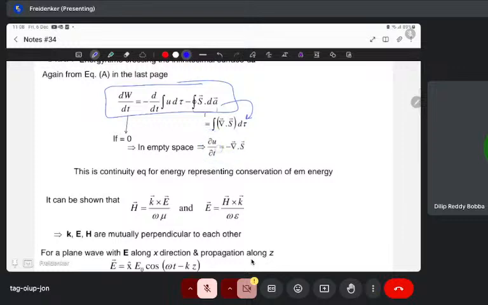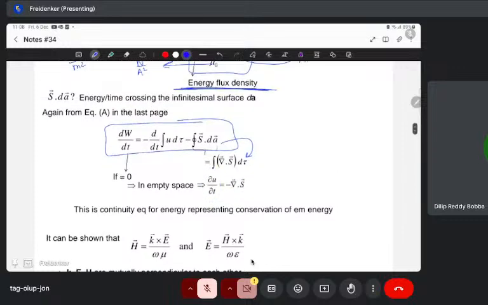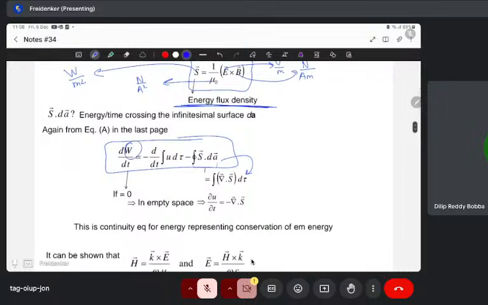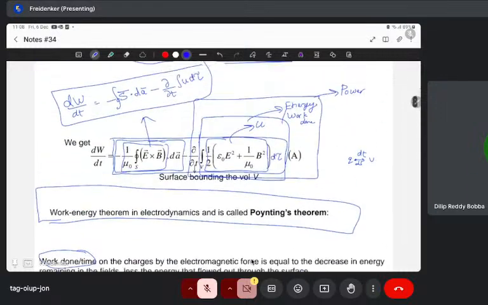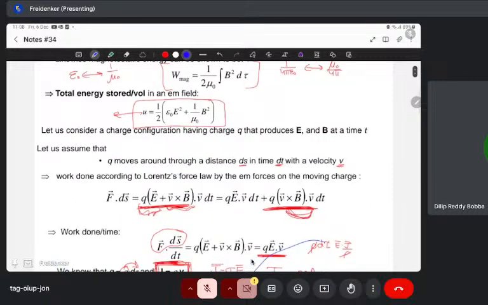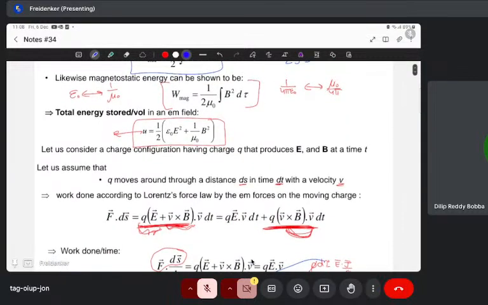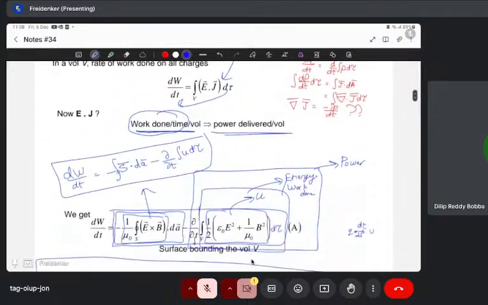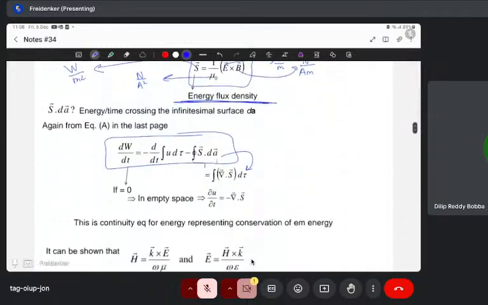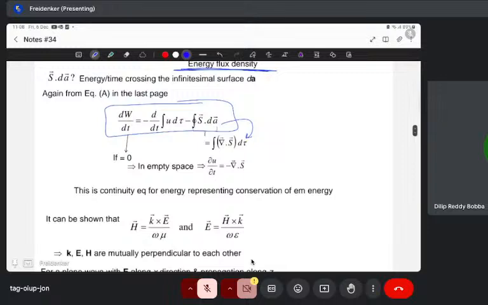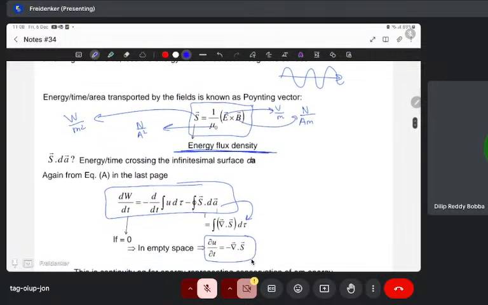Fine. So this W was representing the work done by electromagnetic field, right? On the charge or something. So I would like to assume that in empty space there are no electromagnetic waves, so no work will be done. So this is zero. I'll just assume that. But I don't get the context. But fine. We'll just move on.